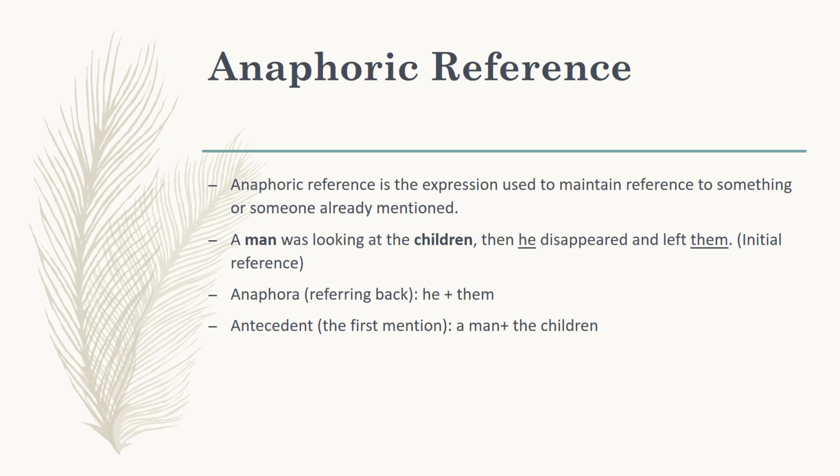So these two references are what? Antecedent, because they are the first mentioned. Then when they are used as pronouns, what do I call these pronouns? Anaphoric reference, because they refer back to something already mentioned.